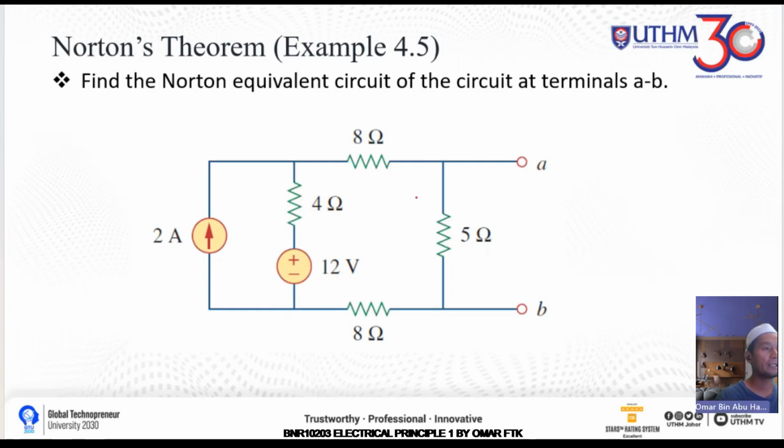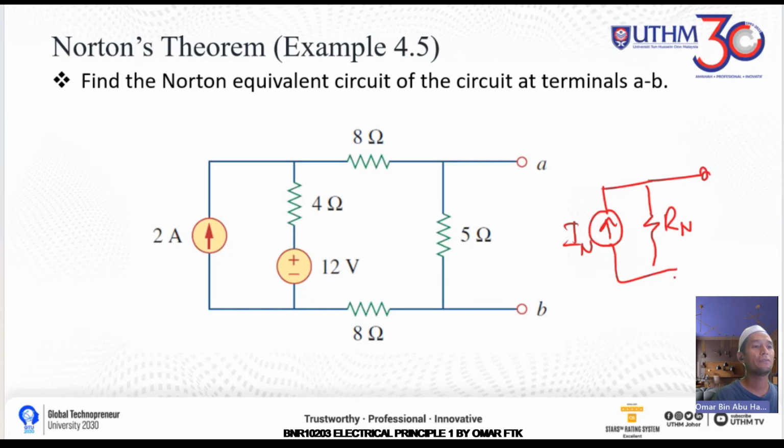That means for this circuit you have to transform it into a current source in parallel with the Norton resistor, Rn, and then In. So you have to simplify the circuit from this into this one.